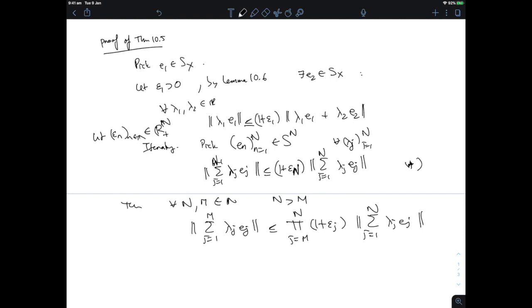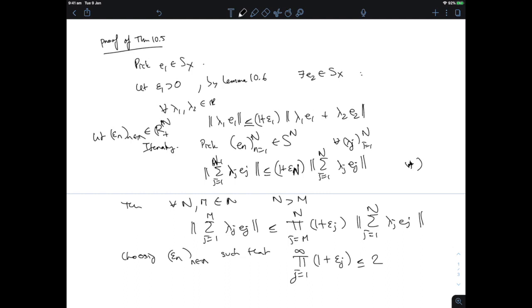So now, choosing epsilon n such that the product of 1 plus epsilon j, j equal 1 to infinity, we want this infinite product to converge, and we're going to make it smaller than 2, let's say.